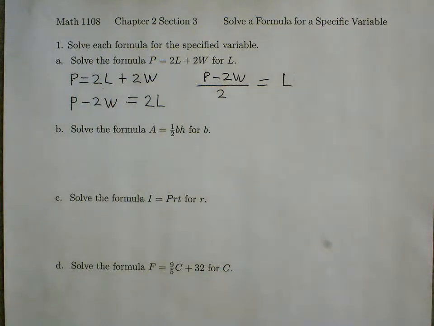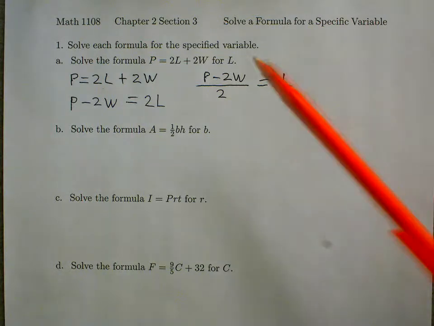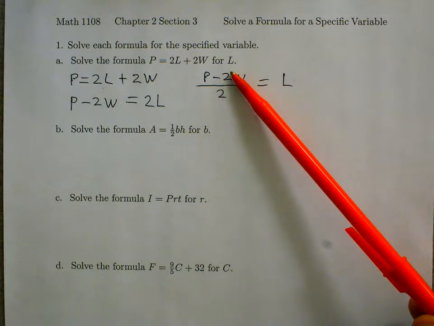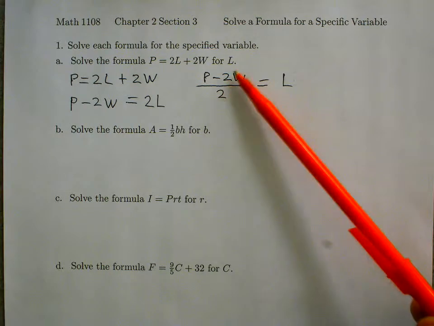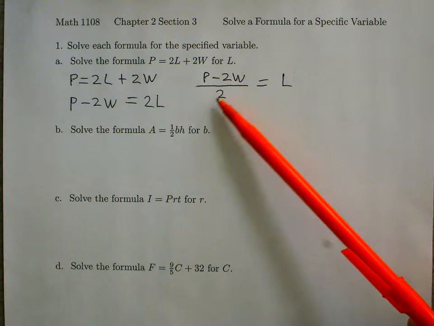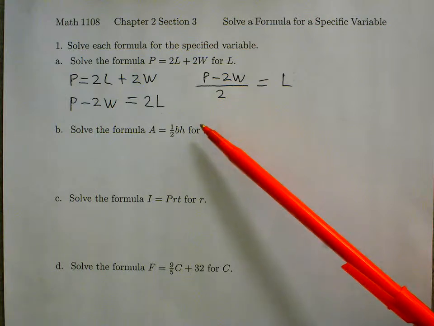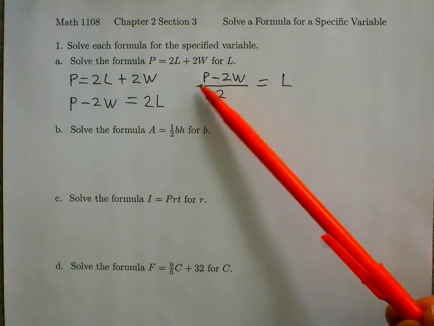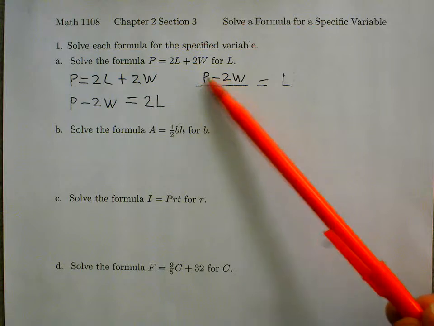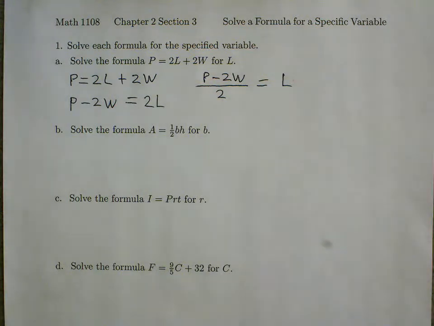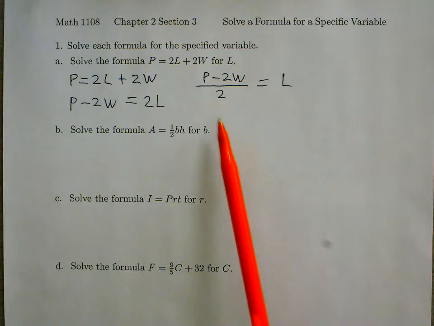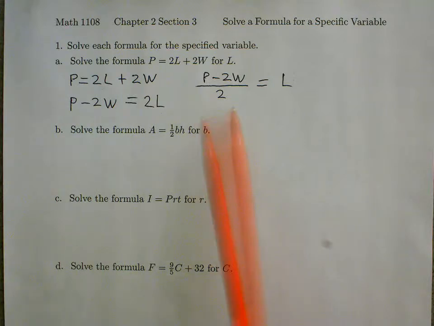A temptation or a misunderstanding that I've seen in past semesters is students canceling the 2's. But in this case, that's incorrect, because 2 is not a factor of capital P. So just to be safe, just leave it in this form.